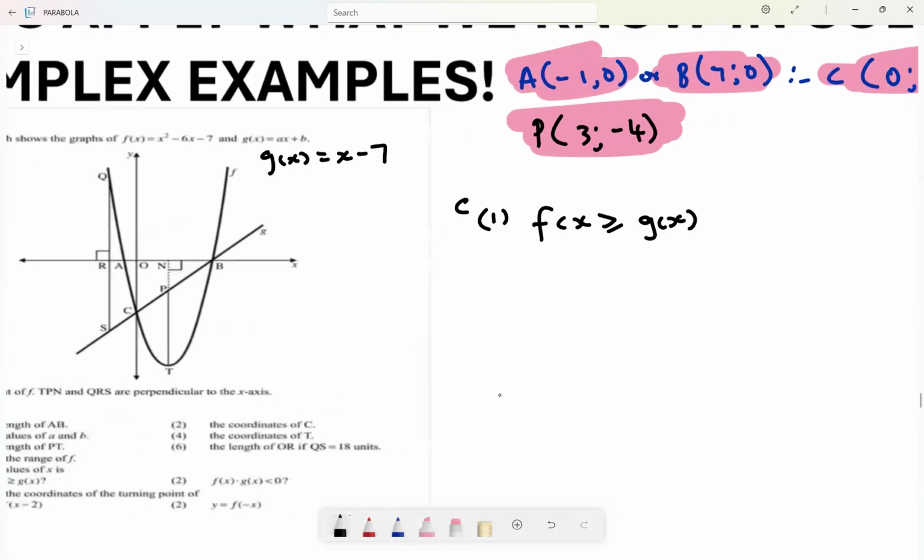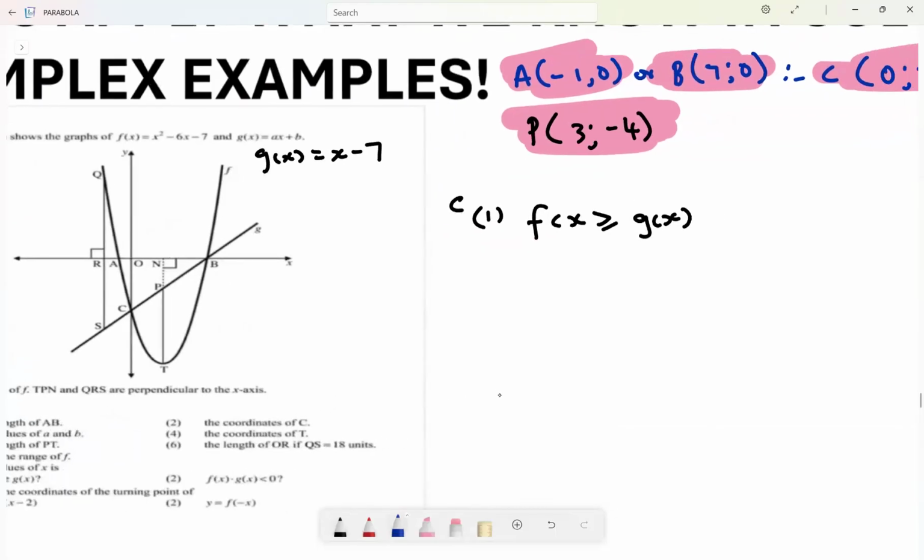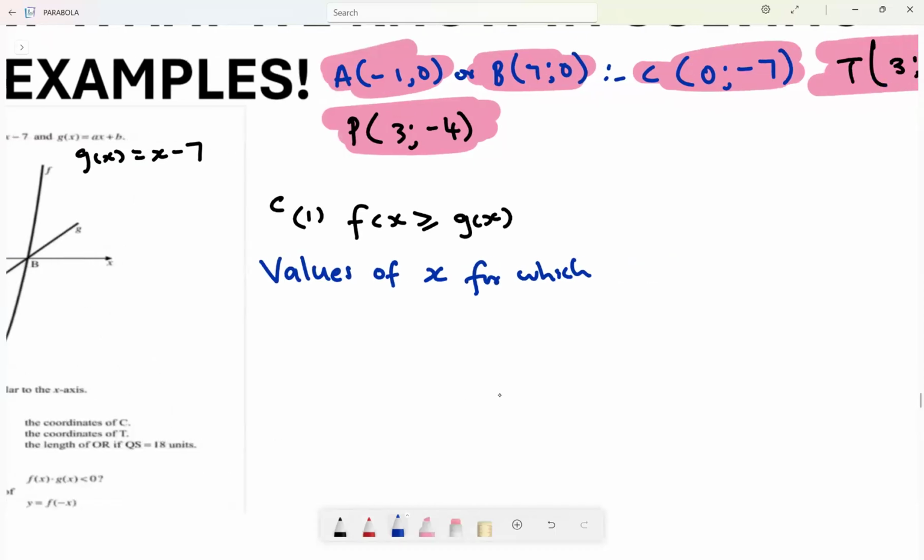Basically, how do we translate this question? It says, determine the values of x for which f of x is greater than g of x. It means for which f is above g.